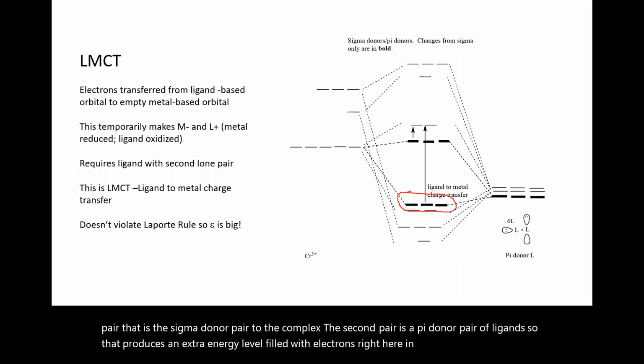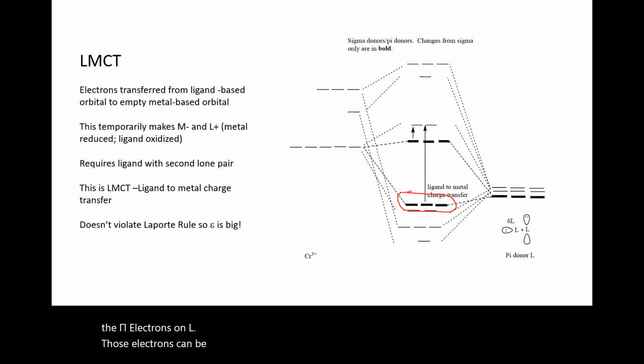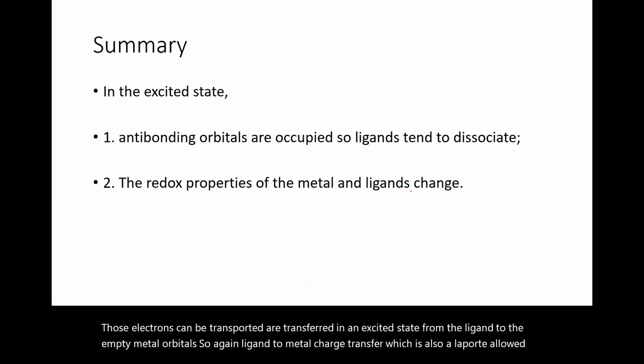These are the pi electrons on L. Those electrons can be transferred in an excited state from the ligand to the empty metal orbitals. So again, ligand to metal charge transfer, which is also a Laporte allowed transition, so epsilon is big.